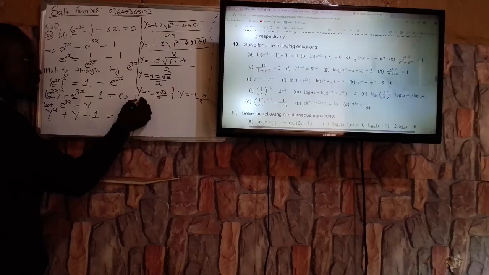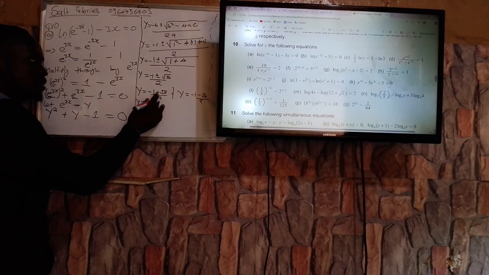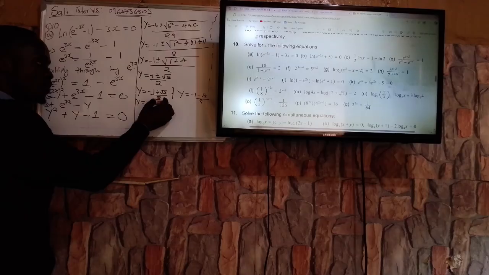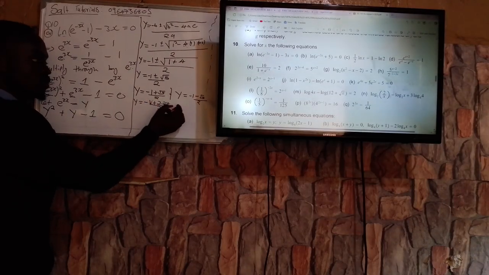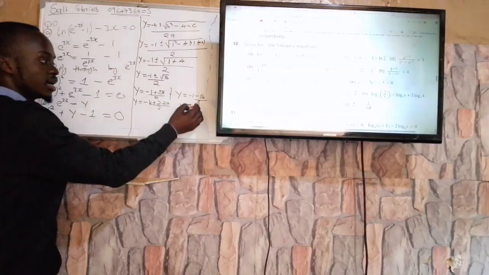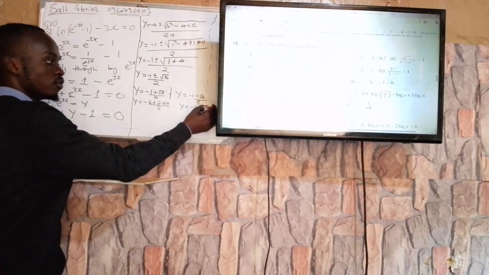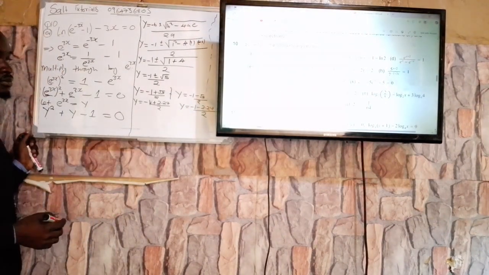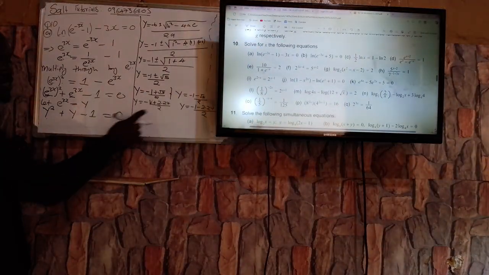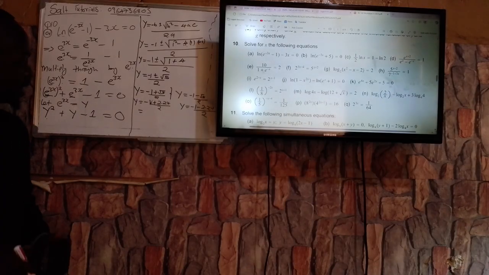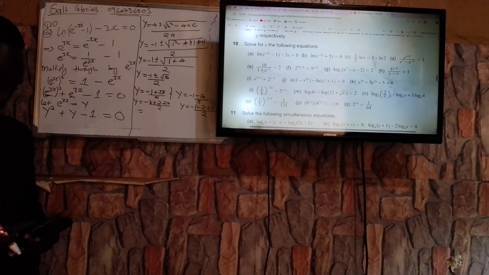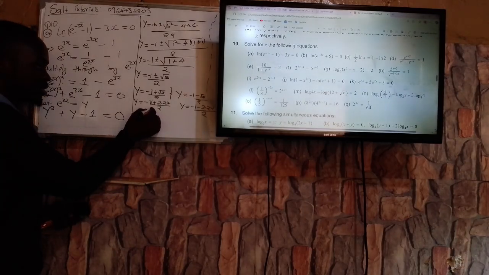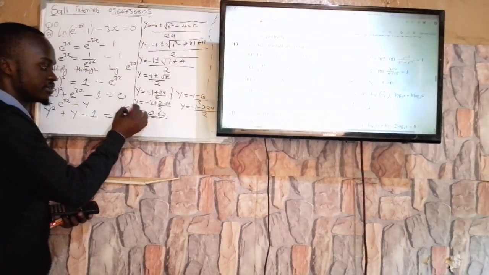So y equals negative 1 plus 2.24 over 2, which is approximately 0.62 as the first answer.